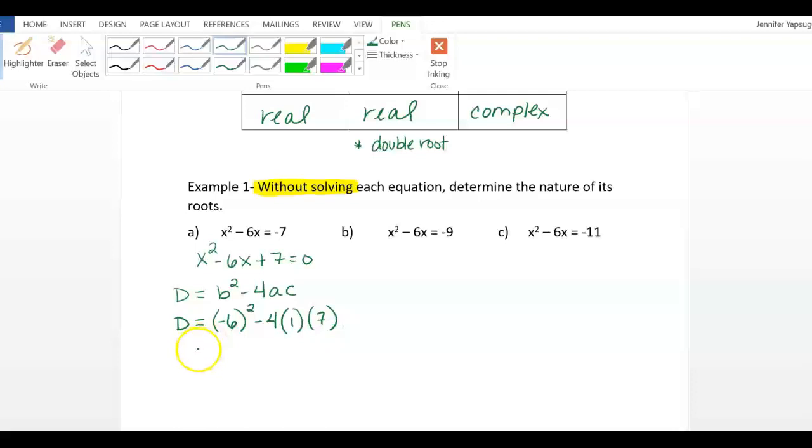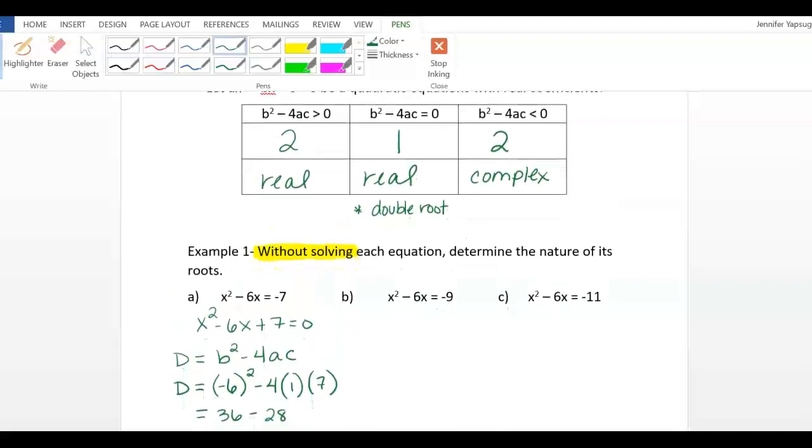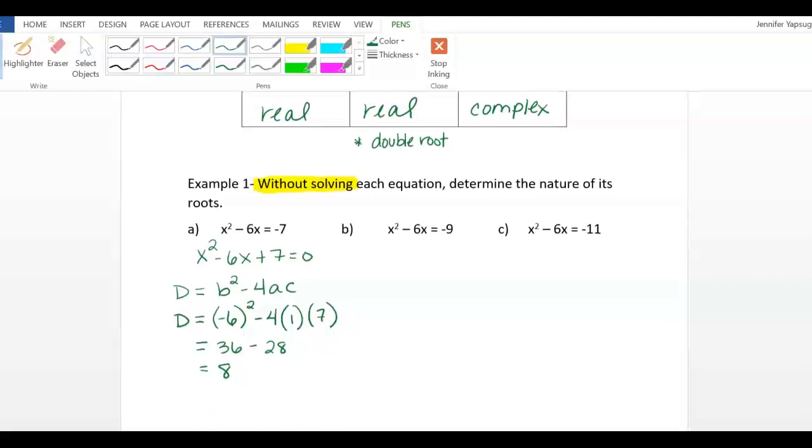Then we evaluate that, so we get 36 minus 28, which gives us an answer of 8. I go back to my chart and I have a value that is greater than 0. So I'm going to have two solutions and they're going to be real numbers. So my solution is two real solutions.